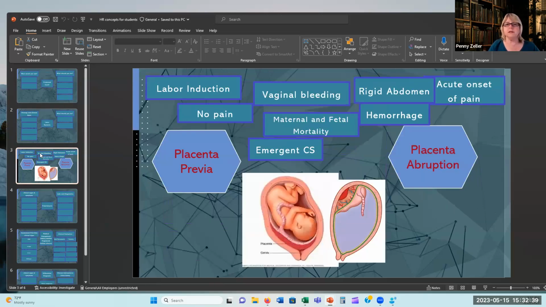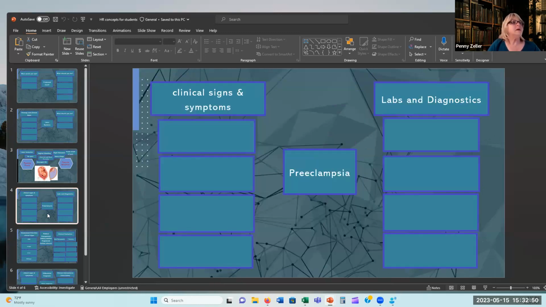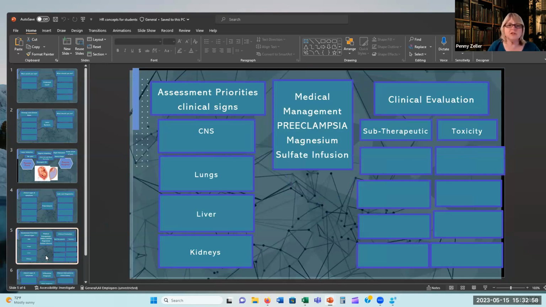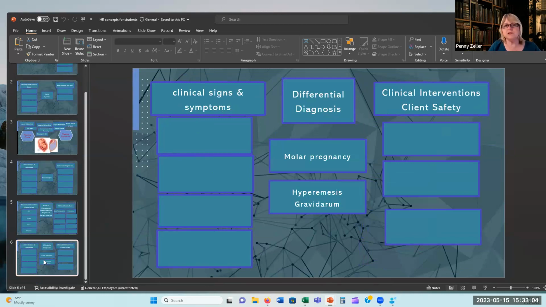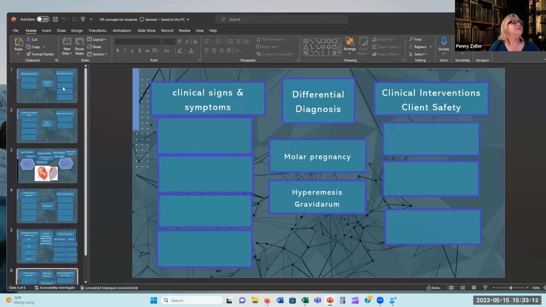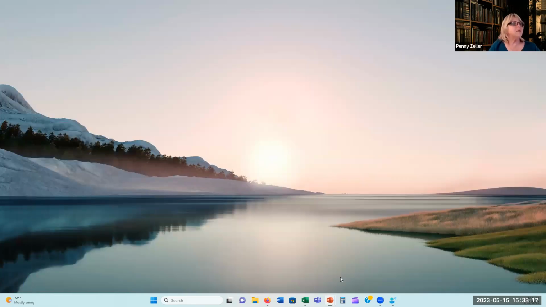And then we talked a little bit about this last week, the placenta previa and the abruption. So you can play with that and try to remember what's what. Preeclampsia. You need to know it backwards and forwards for your exam. And then the management of preeclampsia, and we can go over that again today. And then differential diagnosis. Molar pregnancy, hyperemesis gravidarum, this is all content for your exam. So I gave that to you to go through and to study from.